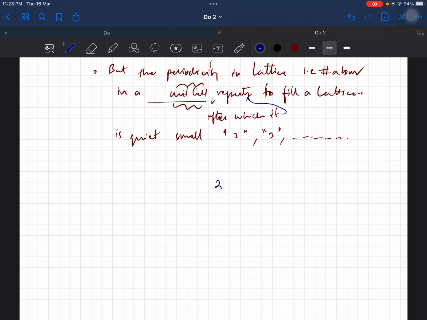The quantization of k is 2 by N times pi by a.